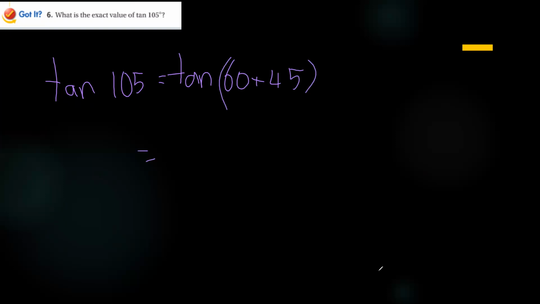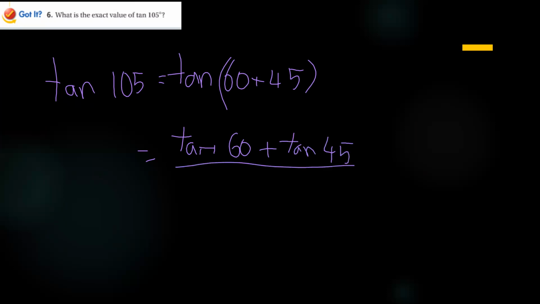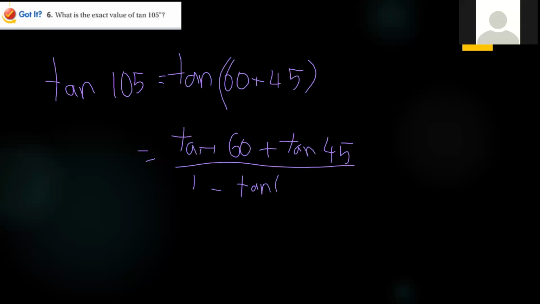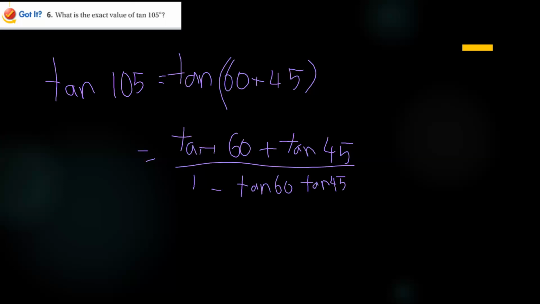For the tan, we keep the sign. So it's tan of 60 plus tan of 45, and in the denominator you will change the sign: 1 minus tan of 60 times tan of 45.